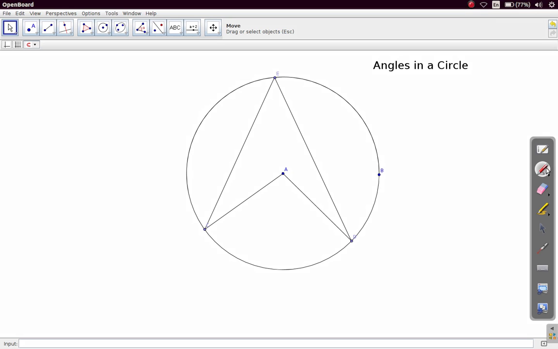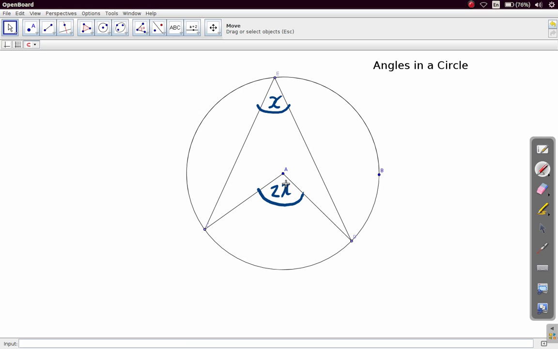Now what that is saying is that this angle here, when you compare them, this angle at the center is twice the angle at the circumference, right? So if this angle at the circumference is x, then the angle at the center is 2x.